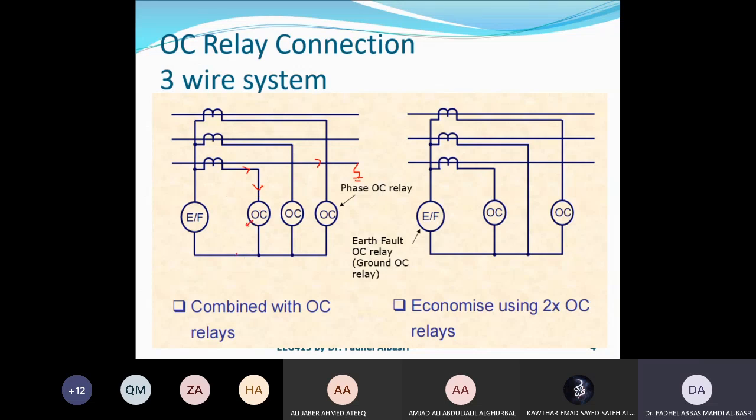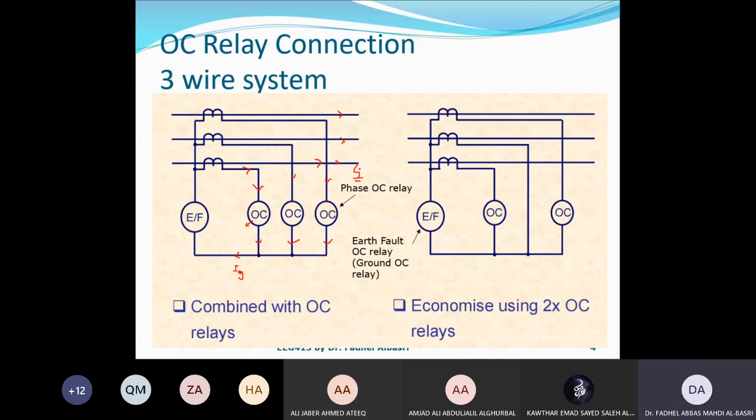This current also flows here, because this current is the ground or neutral current. IG for the ground fault relay is the summation of the 3, and the summation of the 3 is 0 during normal operating conditions, for balanced operating conditions.